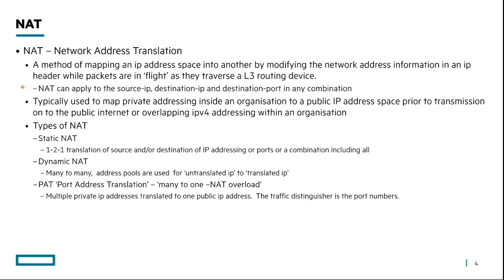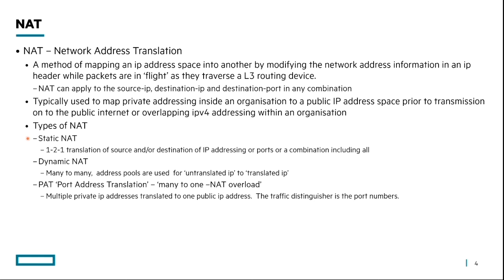So it can apply to the source IP, the destination IP, and the destination port, and a combination of all 3. It is typically used to map private addressing going out to the internet into a public IP address space, or used in private organizations where there is overlapping IPv4 addressing within that organization.